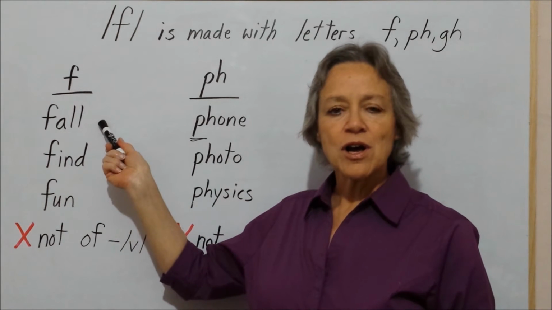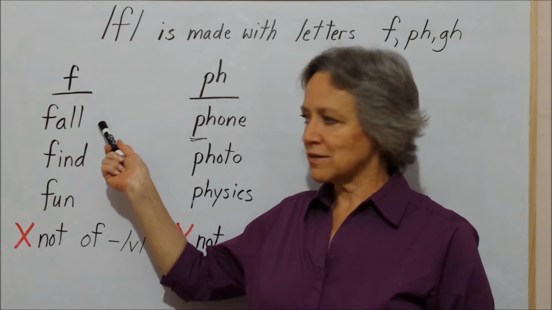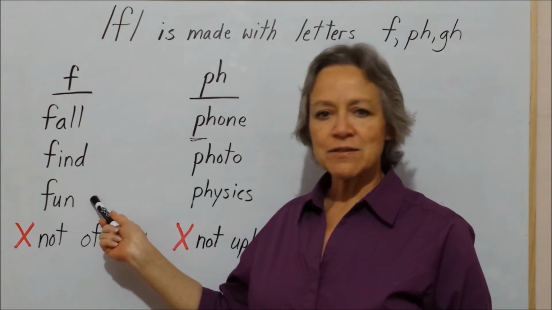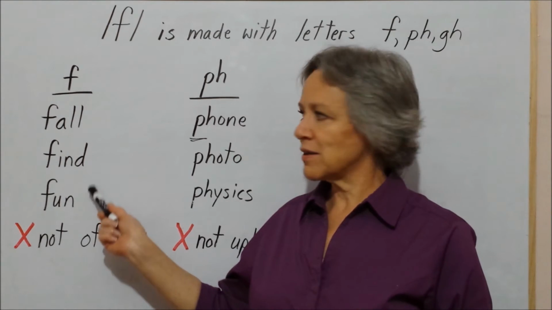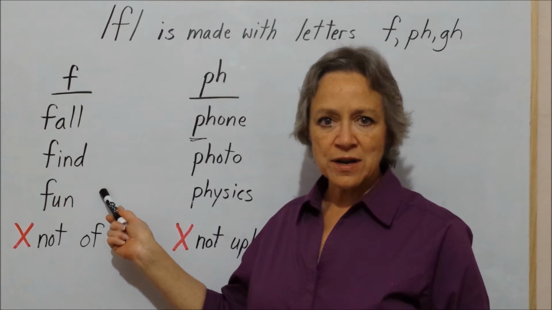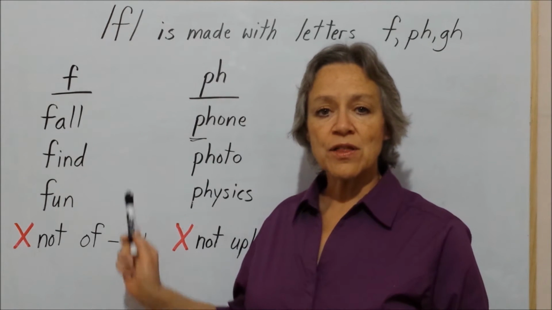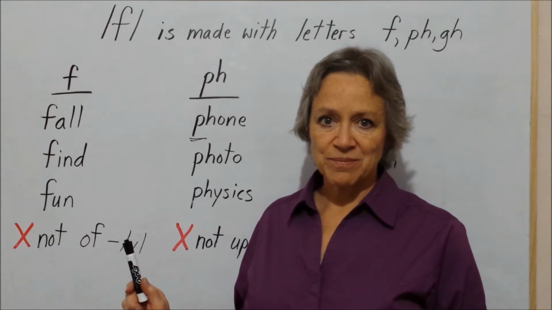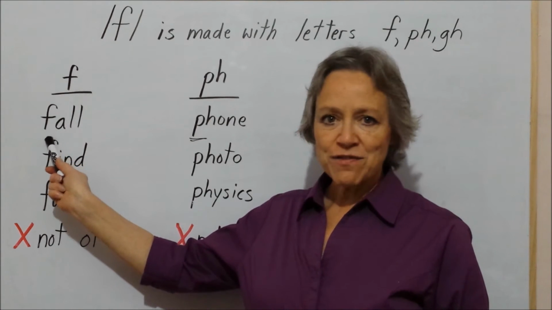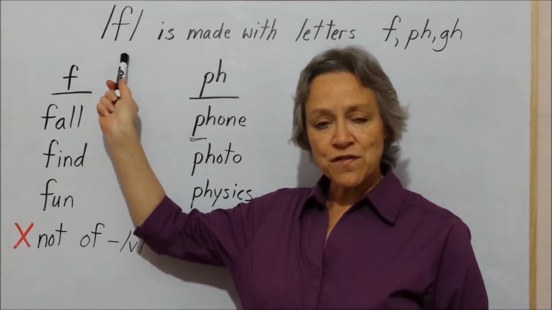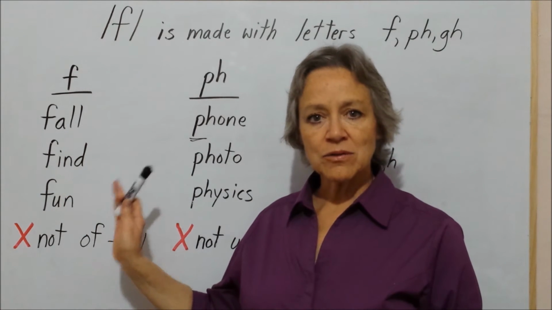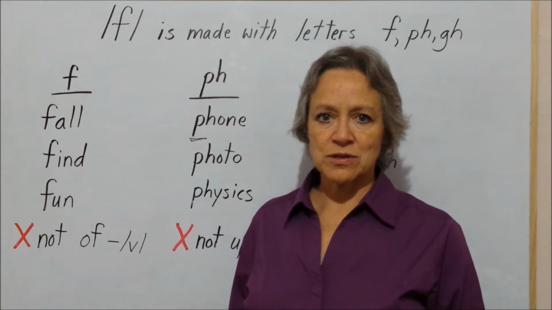I have the word fall, the word find, and the word fun. Fall, find, fun. The letter F and the sound F can occur at the beginning or in the middle or at the end of words.